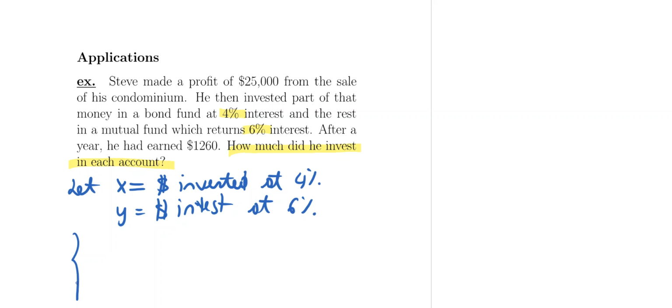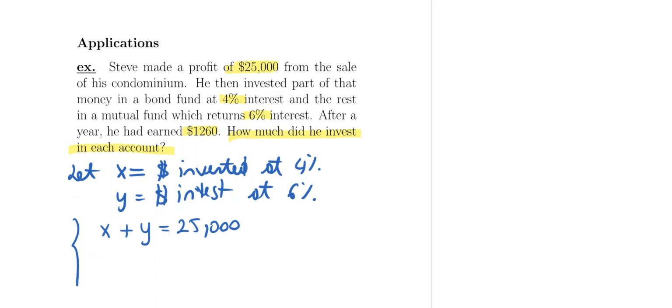So basically the amount he has to invest is 25,000. Do you agree? Because he's using this money to invest at 4% and at 6%, and then he made an interest of this. So in terms of an equation, the amount invested at 4% plus the amount invested at 6% must equal 25,000, because that's how much money he has to invest.